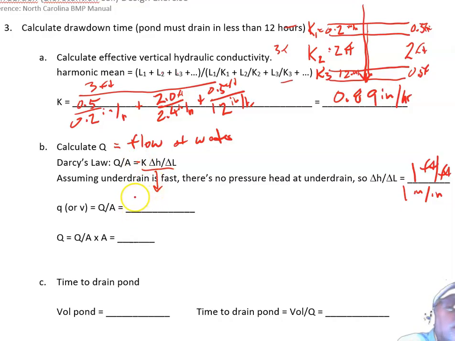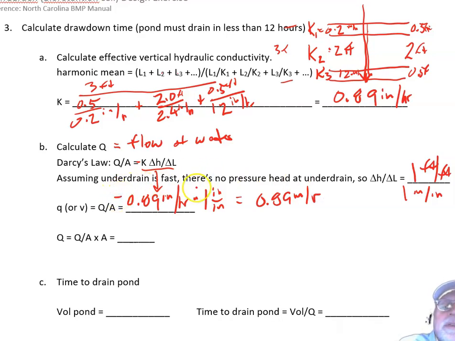So it's 0.89 inches per hour times 1 inch per inch equals 0.89 inches per hour. And if I want to be rigorous, I put a negative sign there, and this is actually minus 1 inch per hour times minus 1. All right, so that's Q divided by the area.